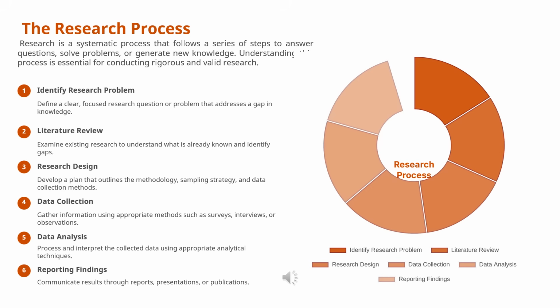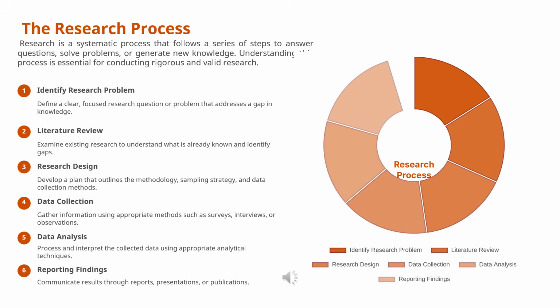And the research process actually is a systematic journey. Typically, it involves 6 key steps. First, you need to identify the research problem. Here, you need to define a clear, focused research question or problem that addresses a gap in knowledge.